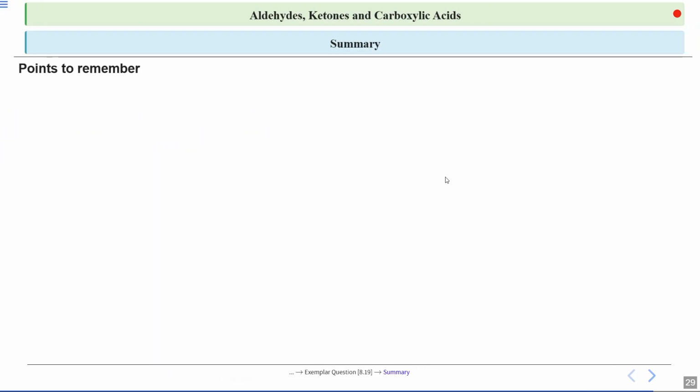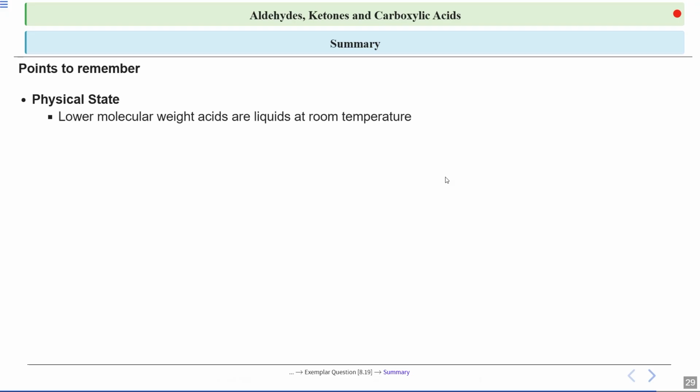Now we will summarize whatever we have studied. We talked about the physical state of carboxylic acids, where we saw that lower molecular weight acids are typically liquid at room temperature. This is because fewer carbon atoms make them less dense and more fluid.